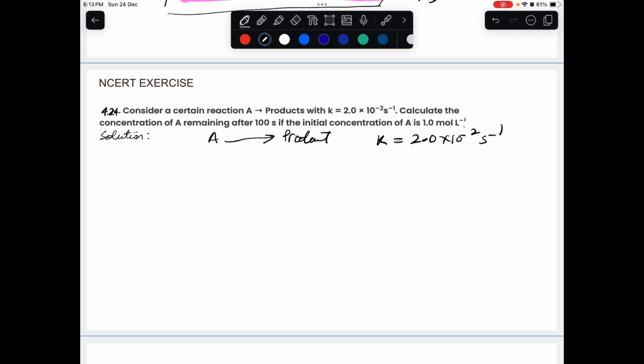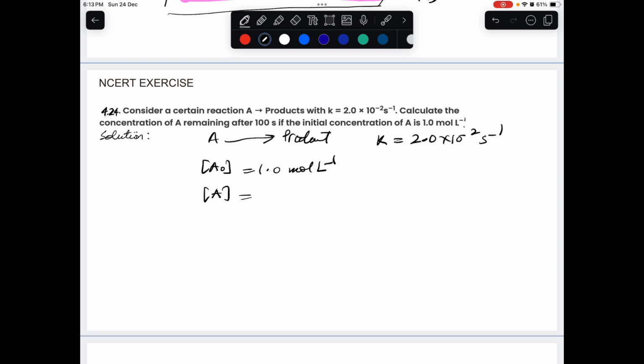They have given the initial concentration A naught equal to 1.0 moles per liter. We want to find out the concentration of A at a particular time. That is what they are asking.